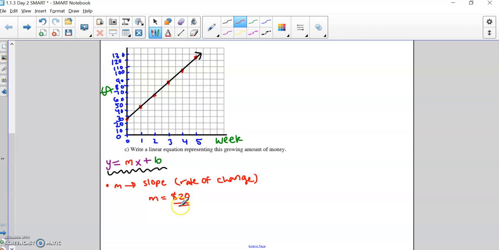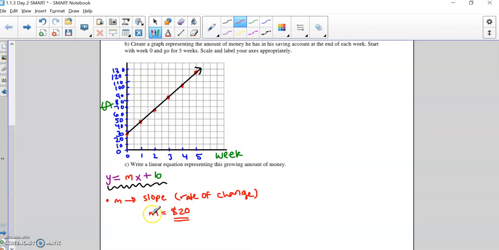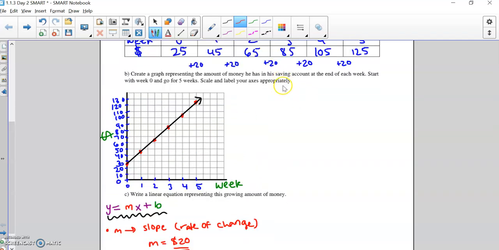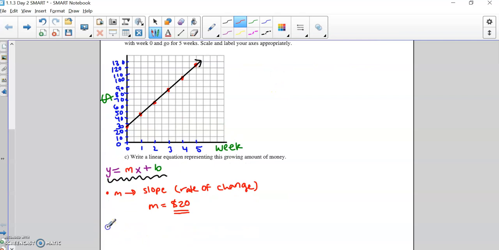Okay, and I do want to show you guys another way to find slope, just so you guys understand the concept. So slope is rise over run, right? And I know you guys have heard that one many times. Okay, so if we're working with rise over run, that means we're working with the up and down, and then the left to right.